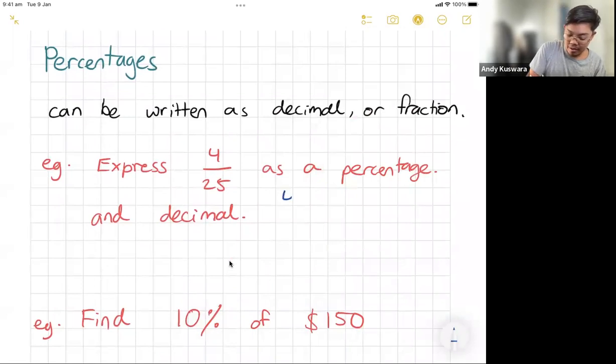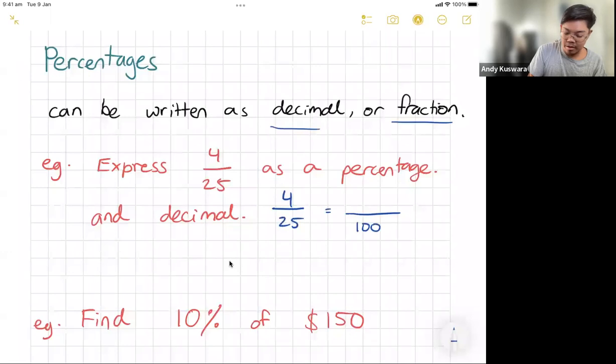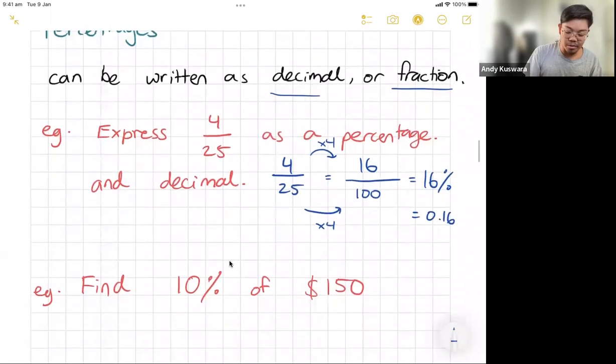So here, I know it's 4/25, but if I want to change it to a decimal or a percentage, the number that works very well here is going to be 100. Now, if I times by 4 on the bottom, also times 4 on top, and so that'll be 16 on 100, and I can write that's 16%, or it's 0.16. Hopefully this is all revision for you.